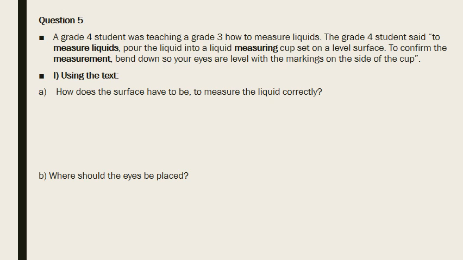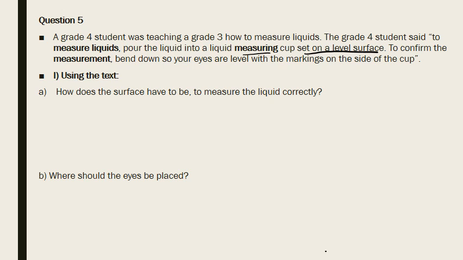Question 5 says, a grade 4 student was teaching a grade 3 how to measure liquids. The grade 4 student said, to measure liquids, pour the liquid into a liquid measuring cup set on a level surface. To confirm the measurement, bend down so your eyes are level with the markings on the side of the cup. Using the text, how does the surface have to be to measure the liquid correctly? Here it says, pour the liquid into a liquid measuring cup set on a level surface.